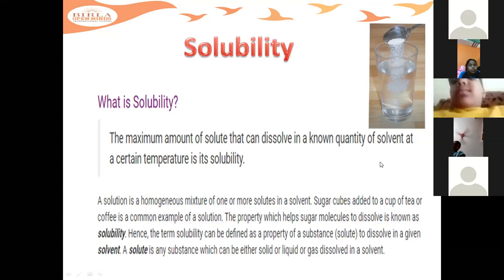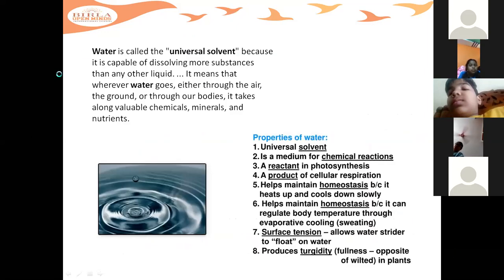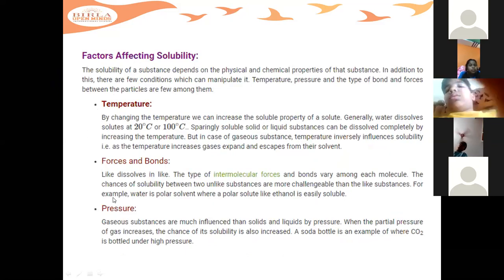In the case of solubility, we have seen the conditions on which the solubility depends: temperature, pressure, and the intermolecular forces. These are the factors which affect solubility. So we are going to discuss it.